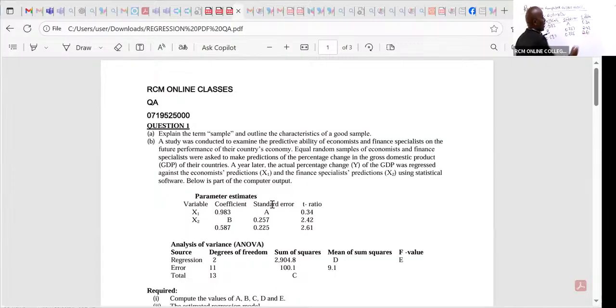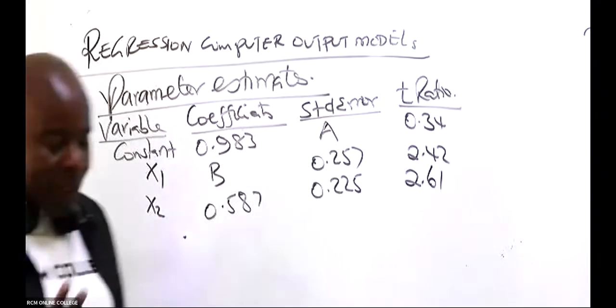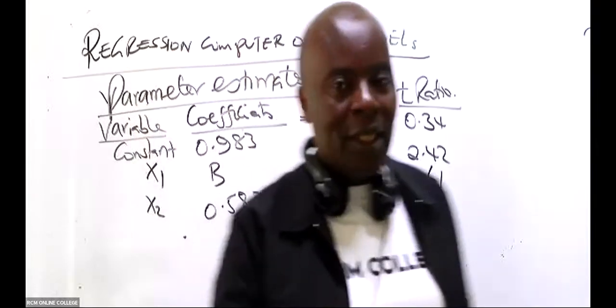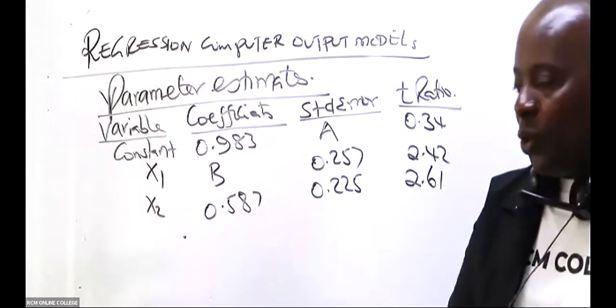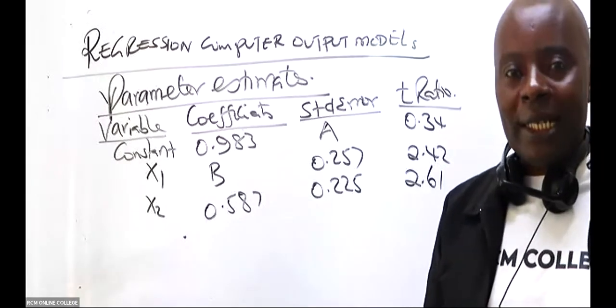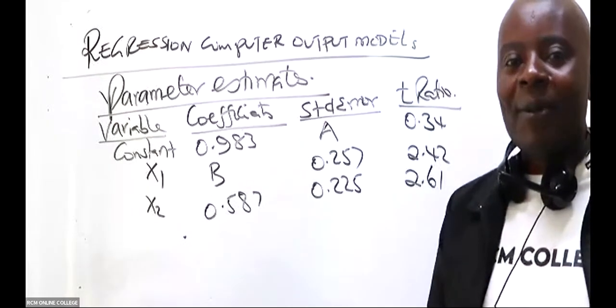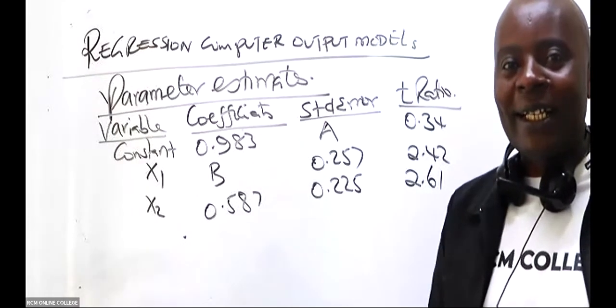So I will give you exactly 2 minutes for you to be able to copy this table down. And of course, if you attended my class, please assume that you understood nothing, and even the nothing that you understood, you understood it wrongly. So you start writing everything from scratch. I'm telling you these things, the more you repeat them, the more they sink in you.